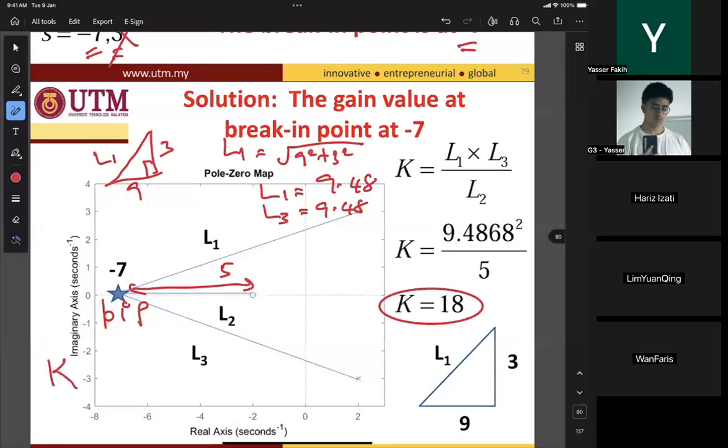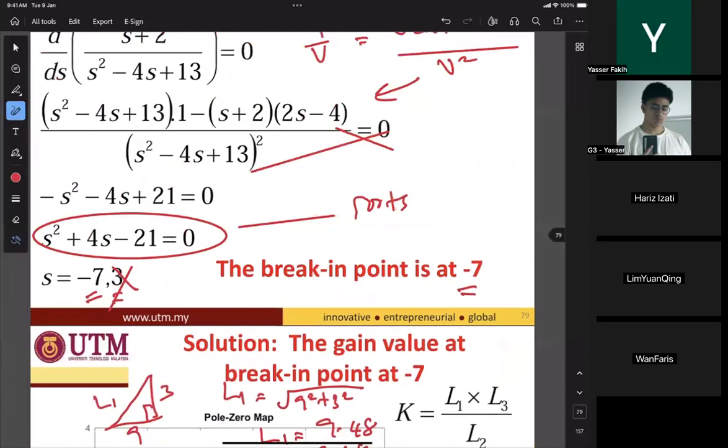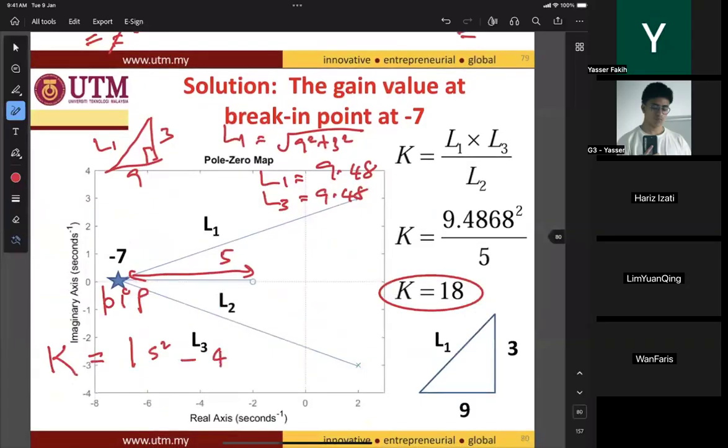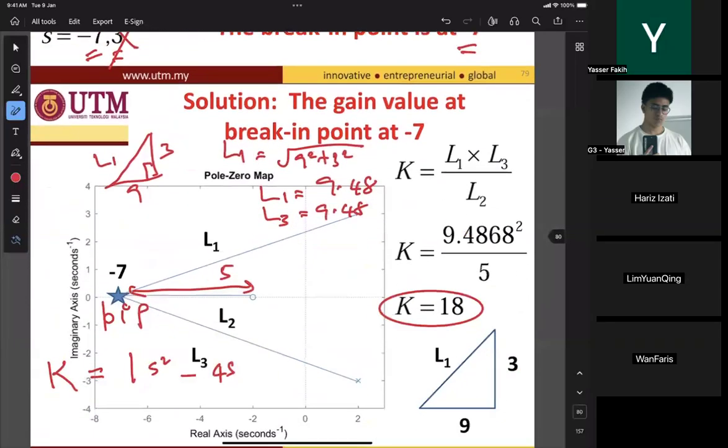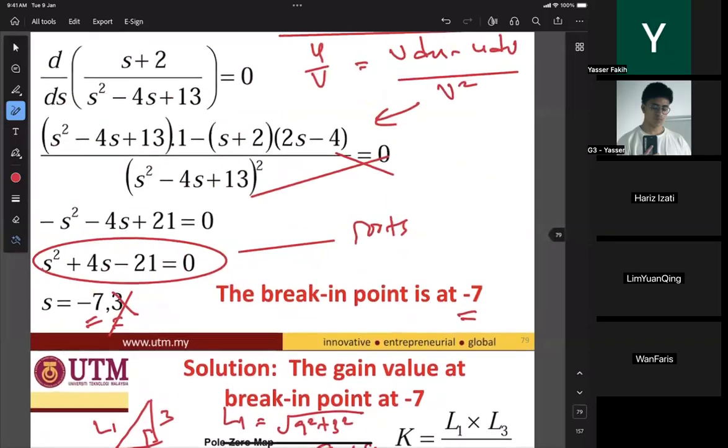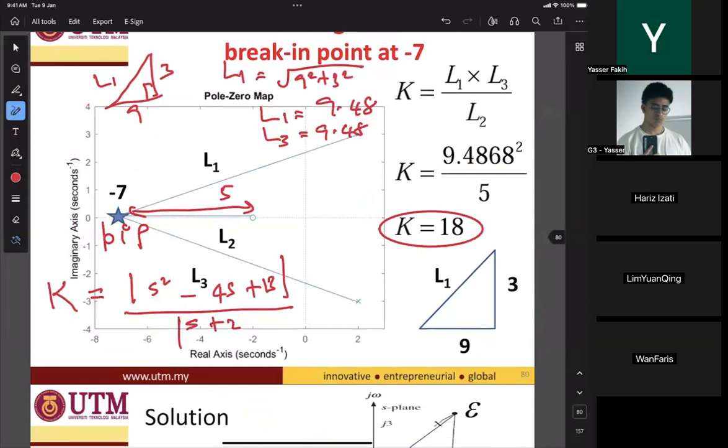Or you use the formula K equal to the modulus of s squared minus 4s plus 13, the poles, divided by s plus 2, then replace s with minus 7. I think this one is much better compared to the Pythagoras theorem, and you will get the same answer, K equal to 18.